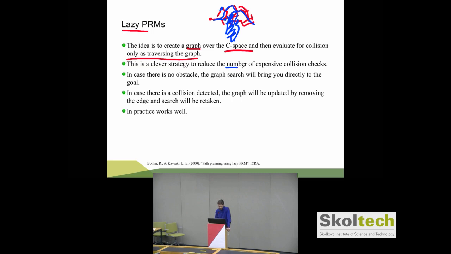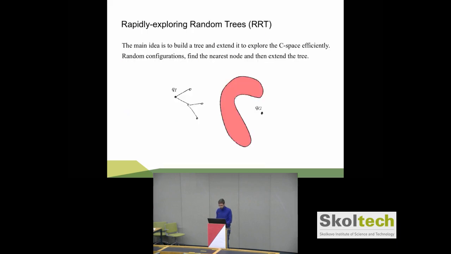So it reduces the number of collision checkings, and in case there's no obstacle, it's just going to be like straight search, right? So there's nothing to worry about there. Okay, so in practice it works well. You will not be implementing this, but we have uploaded this paper on Canvas as well as many others, so you can take a look if you're interested.